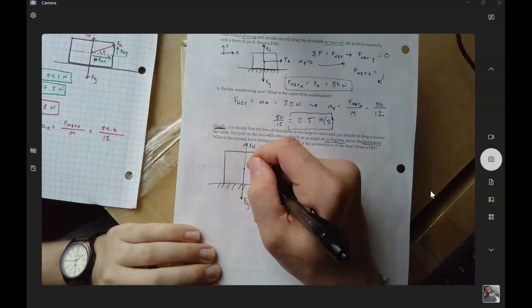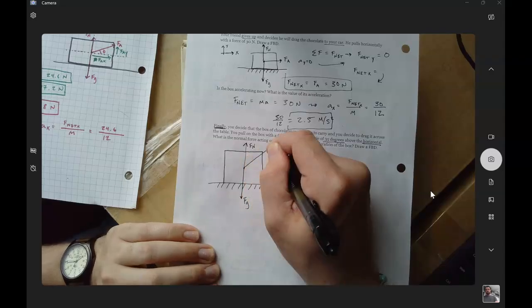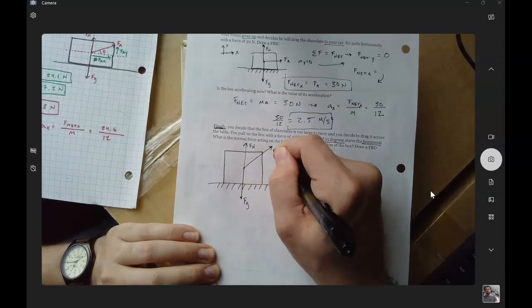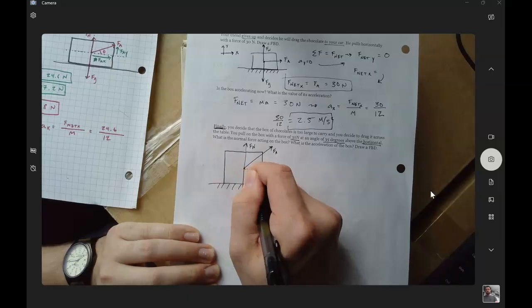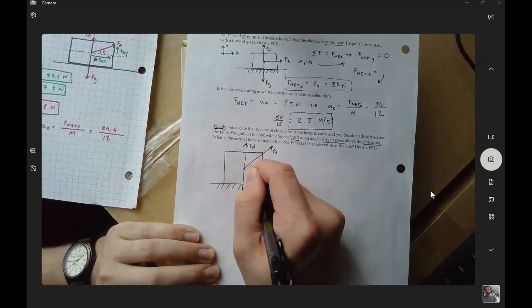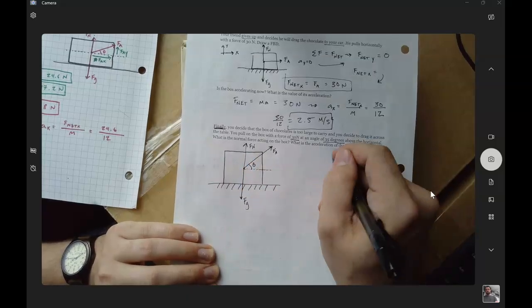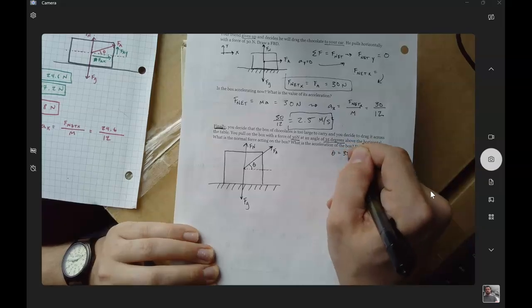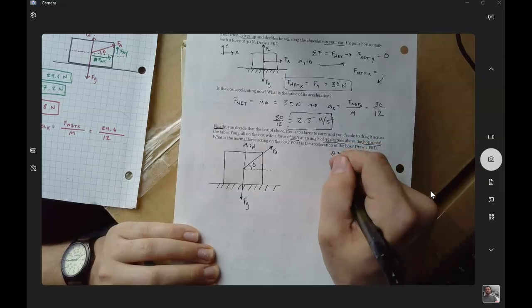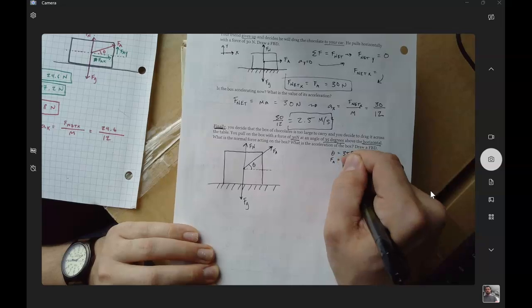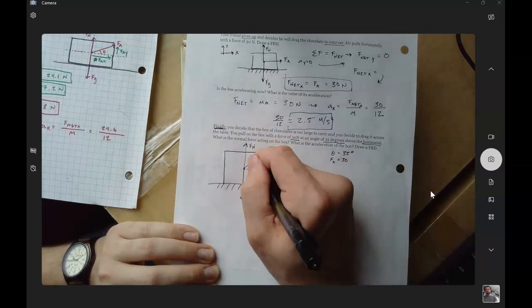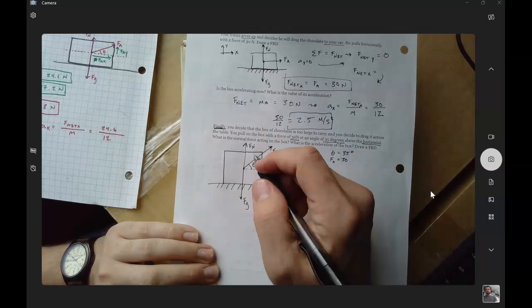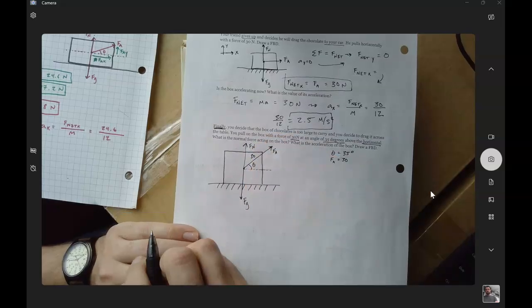So, I've got my force applied at an angle. I've got this horizontal, and the angle theta is equal to 35 degrees. The force applied is equal to 30 newtons. So the magnitude of this vector is 30 newtons.